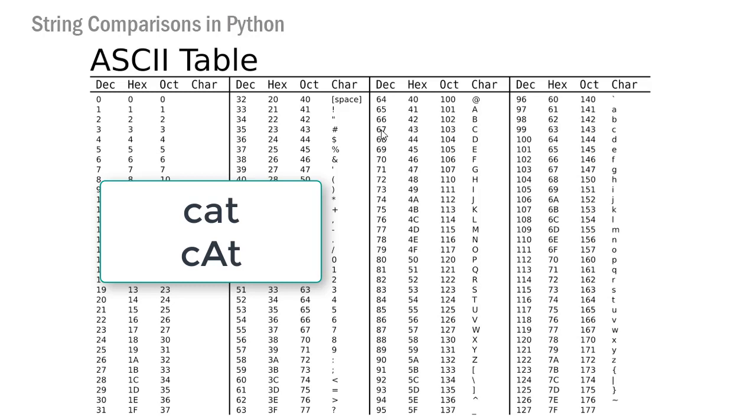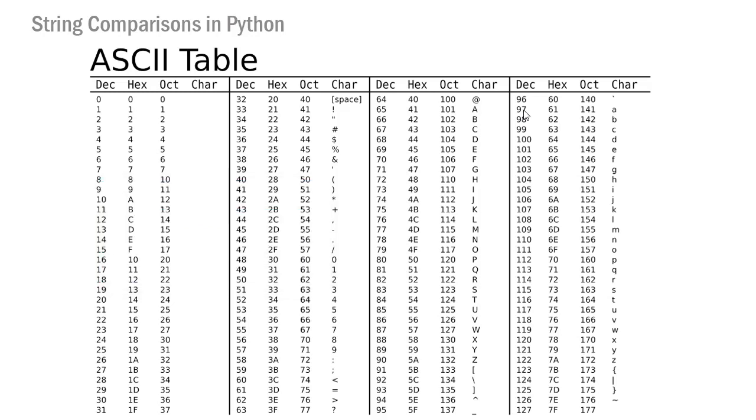So maybe our first string has the a for cat as a lowercase, but the A for Cat in the second one is uppercase and is 65. So now we're comparing a 65 to a 97. And it'll keep going down the line to compare each character within each position until it finds something different, or until it reaches the end of the string. And if it reaches the end of the string in both cases and it hasn't found any differences, then it declares them as being equivalent.